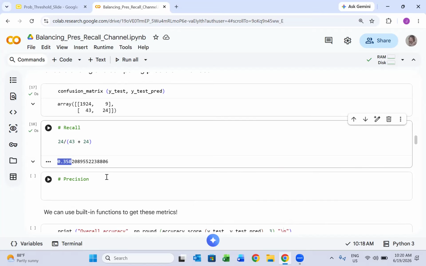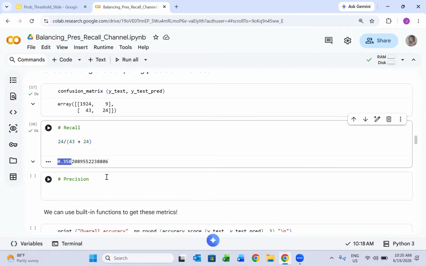Recall was the total number of actual positive observations that are correctly identified as positive. But here we're talking about the total number of positive observations predicted by the model, okay? And among those, how many are actually positive, okay? So let's use that definition to compute the precision.